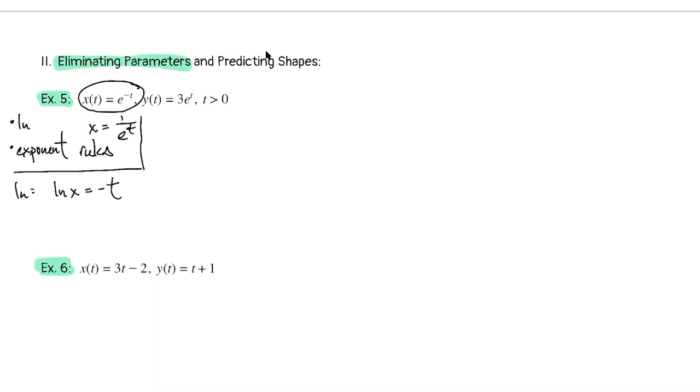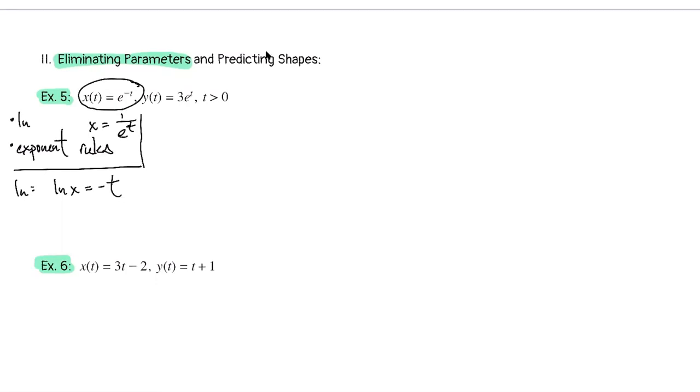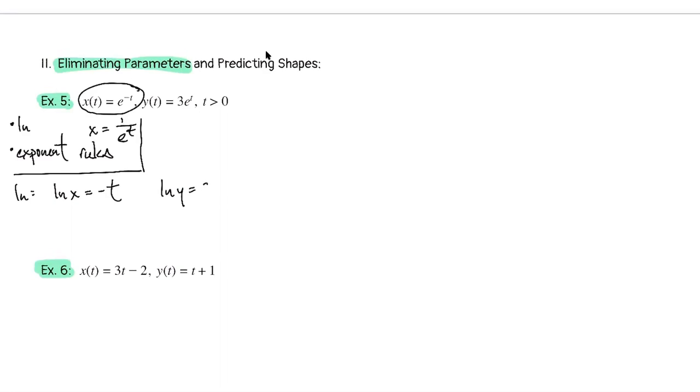Because the natural log of e just goes to 1. Folks who wanted to natural log, do you want to natural log both equations or just one of them? Both. Both? Okay. So if we natural log the other equation, we get natural log y equals, what do we get here? 3t. Okay. So how do we get rid of the t's from there?